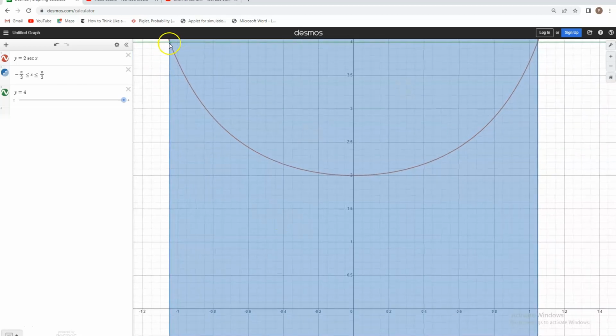And here we have the absolute maximum at negative pi over 3, 4, and pi over 3, 4. So these 2 points are our absolute maximum.